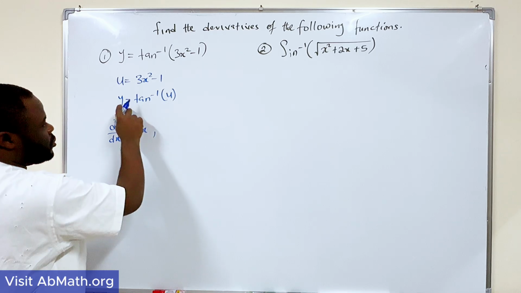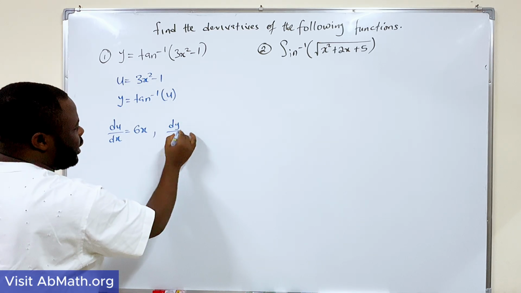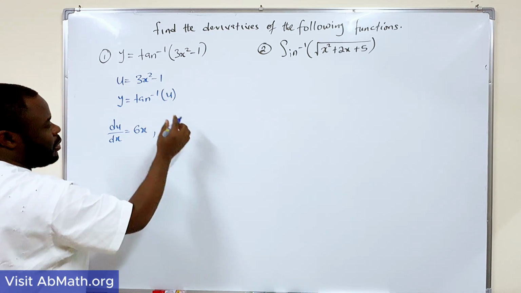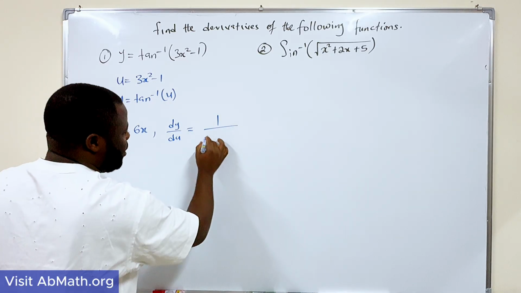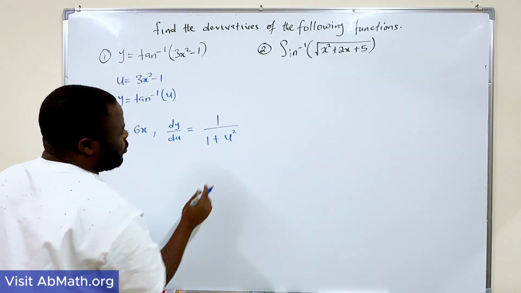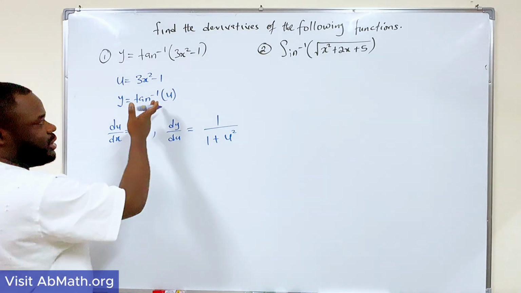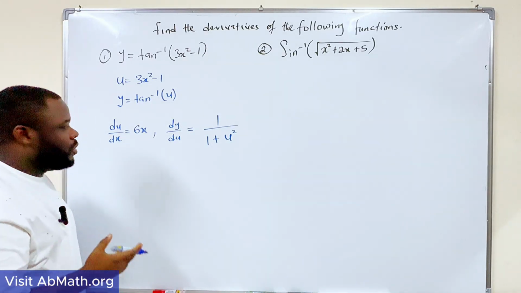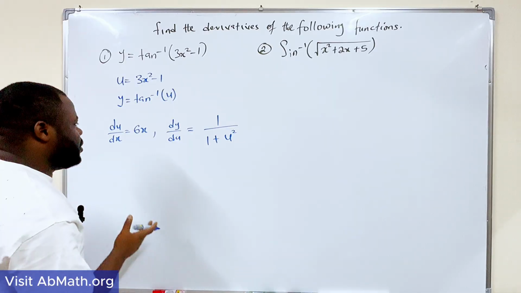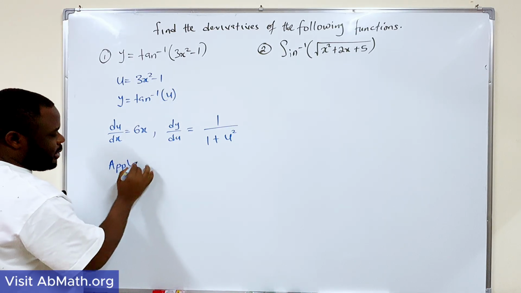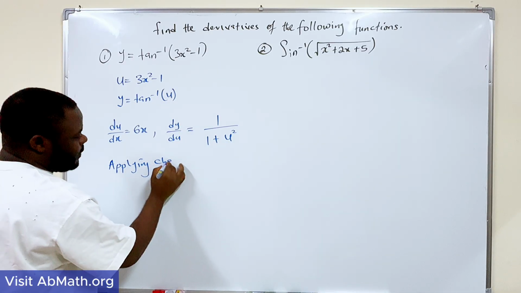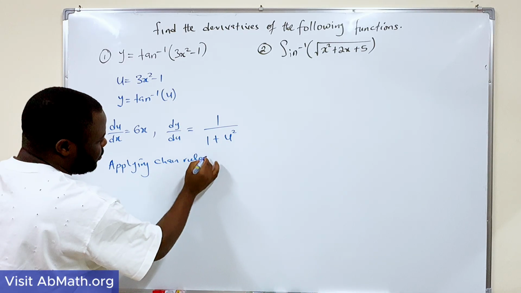Now, let's also find dy du. So tan inverse will give you 1 over 1 plus u squared. That is the derivative of tan inverse. So the next thing you need to do is just multiply them, applying the chain rule.